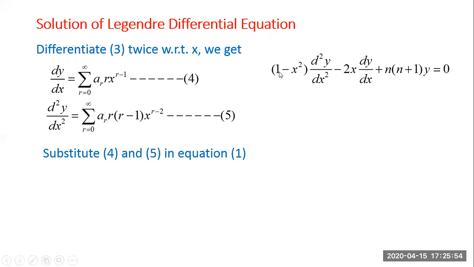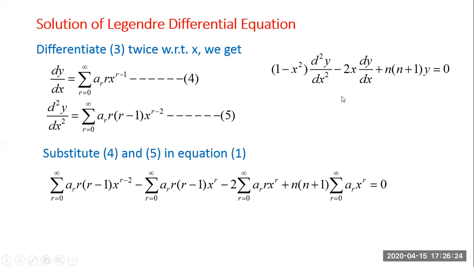The Legendre equation is (1 minus x square) d square y by dx square minus 2x dy by dx plus n into (n plus 1) y equal to 0. Substitute the value of d square y by dx square here. We get 1 minus x square into this sum. I take 1 into d square y by dx square, minus x square into d square y by dx square, then minus 2 times x into dy by dx, then n into (n plus 1) y.